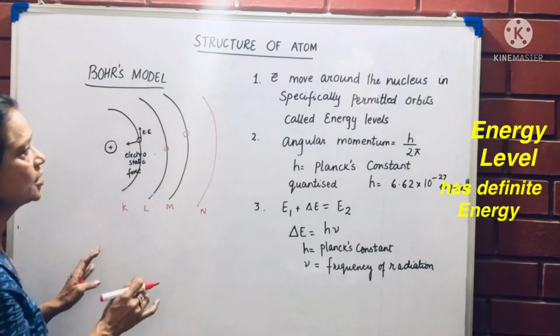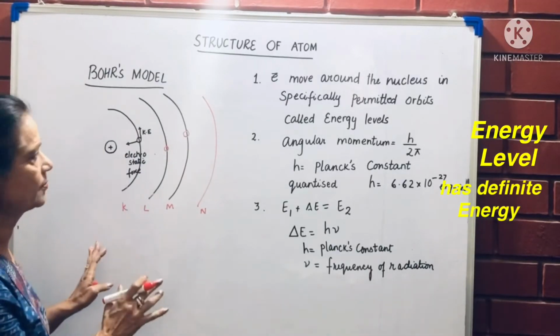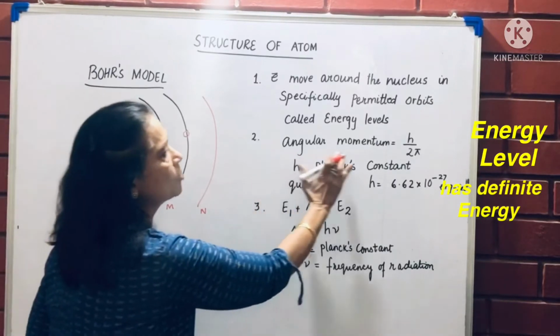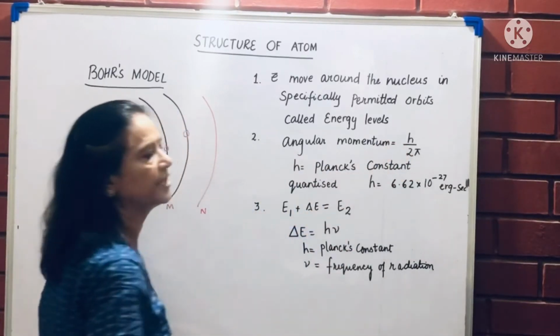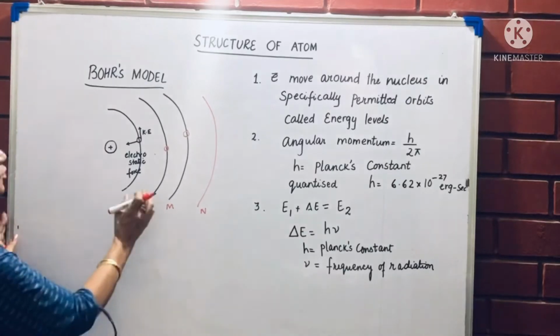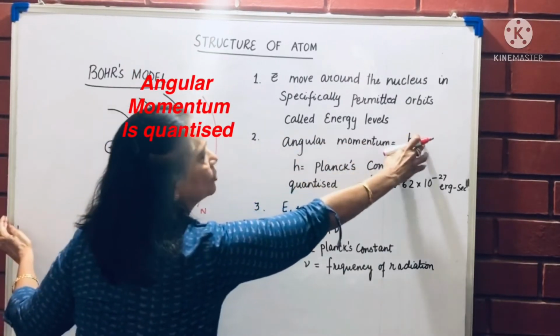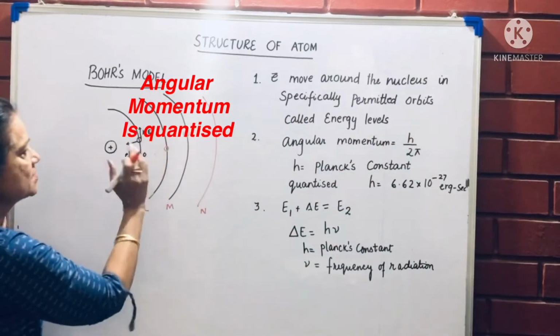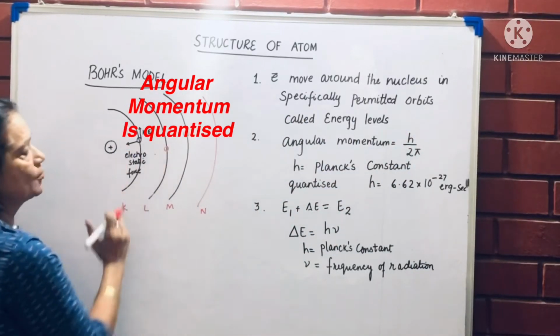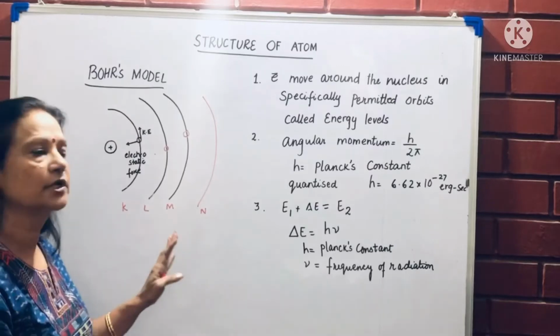Now when the electron is moving in this orbit, it has an angular momentum which should be equal to h upon 2 pi. Each energy level must have this much angular momentum, only then can the electron move.